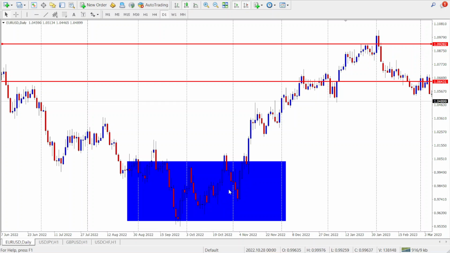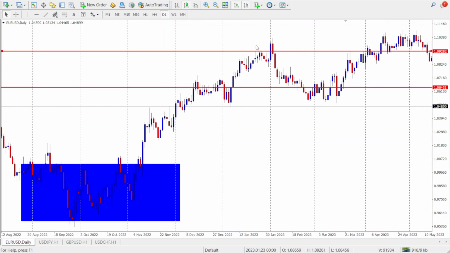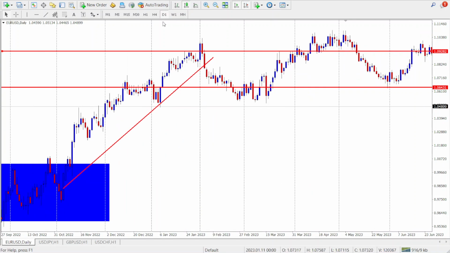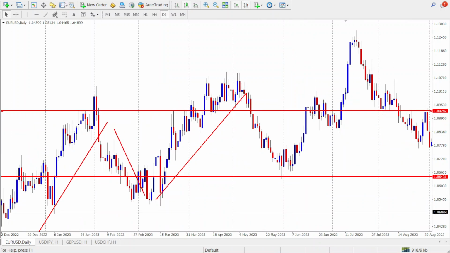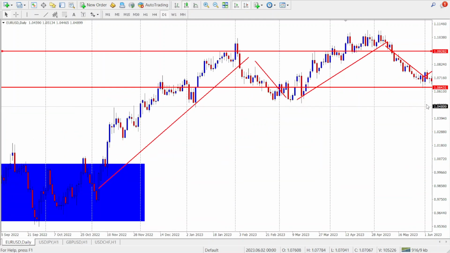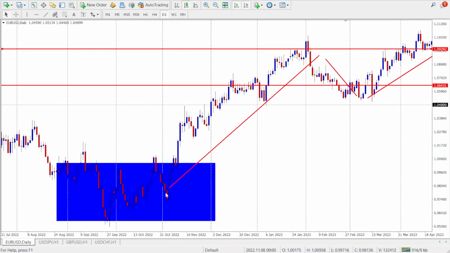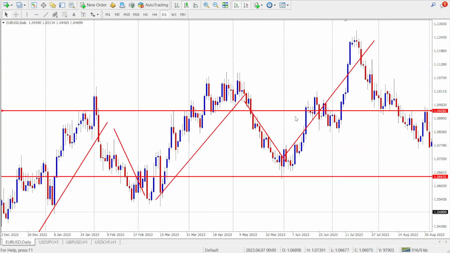Price was moving sideways, so this was a possible accumulation phase. Right after that, we had a significant upward move, and even a brief pullback and a continuation. So this was actually a significant upward trend right after this phase.